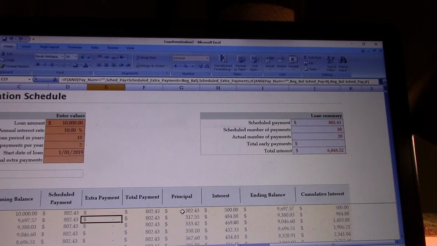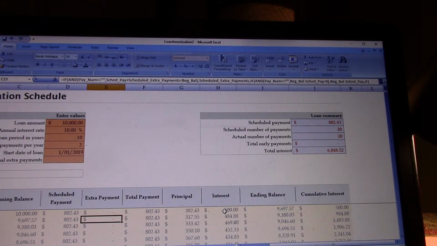We cannot get this number directly, but we can calculate the interest directly. Remember, the 10% annual interest rate, half of the year's interest rate is 5%. You use the beginning balance multiplied by 5%, and that gives you the interest. So 10,000 multiplied by 5% is $500 interest.